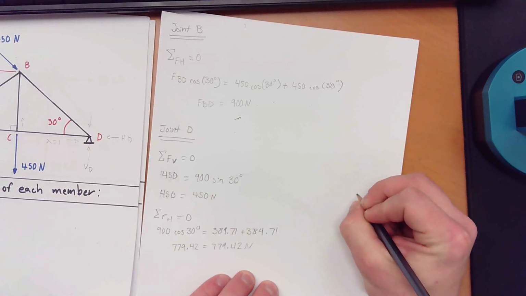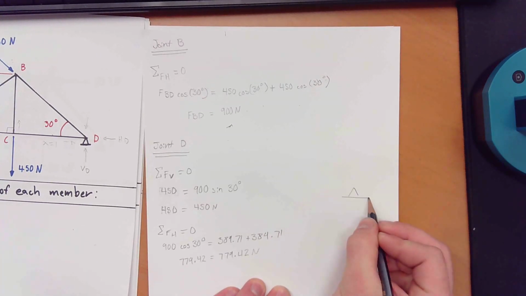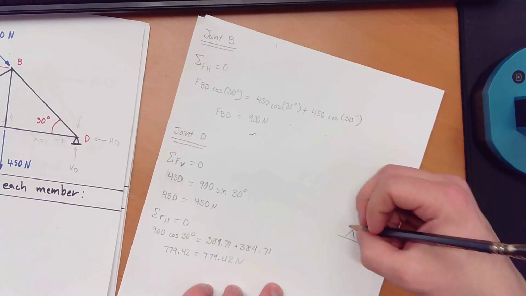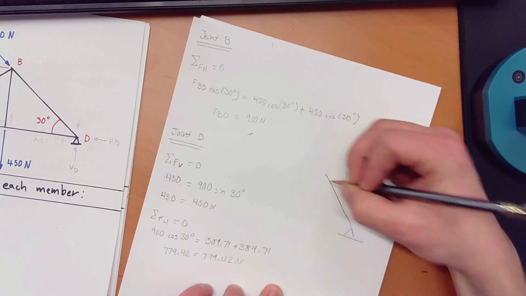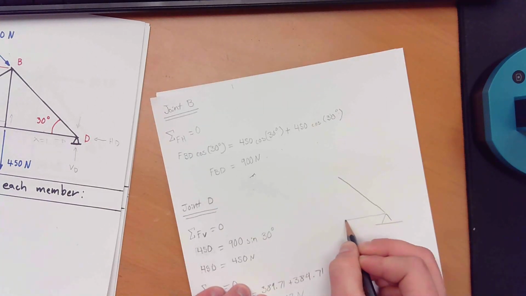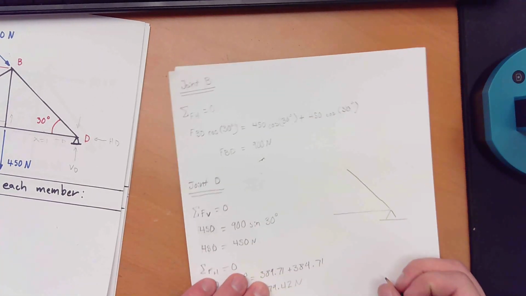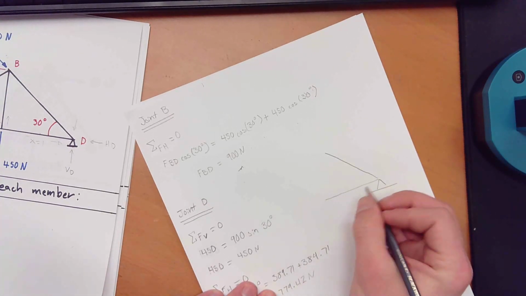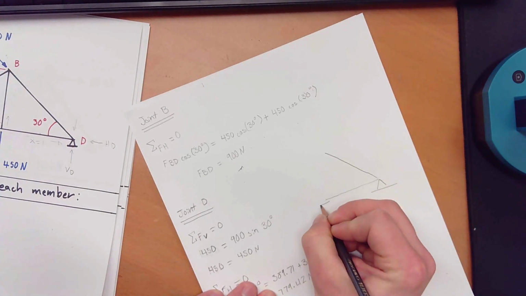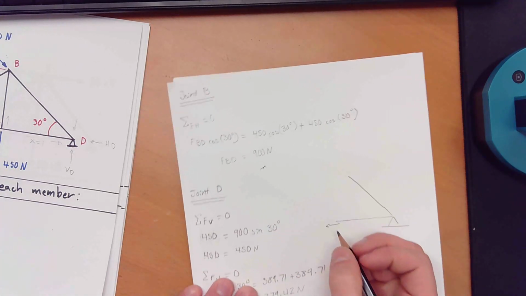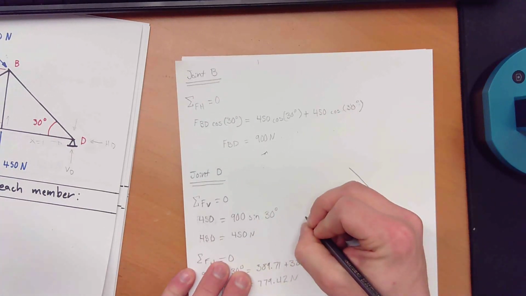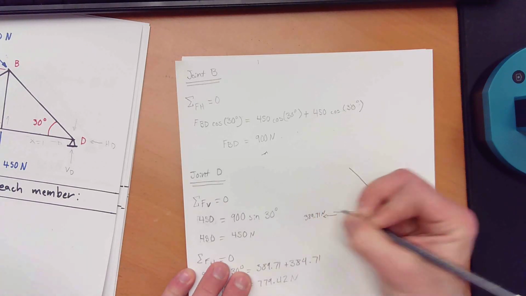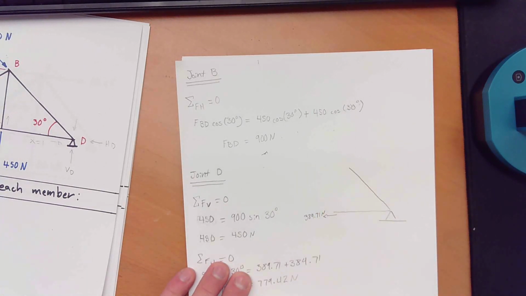So here, if we're drawing for point D, we have a fixed point. And we have one truss going up in this direction, one member going up in that direction. So from the joint, we have a force of 389.71 newtons pushing this way.